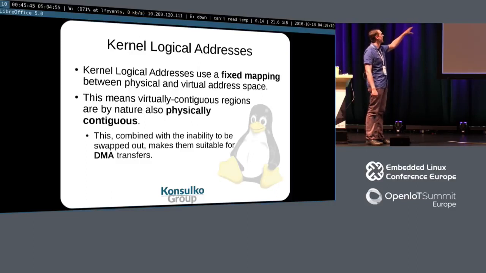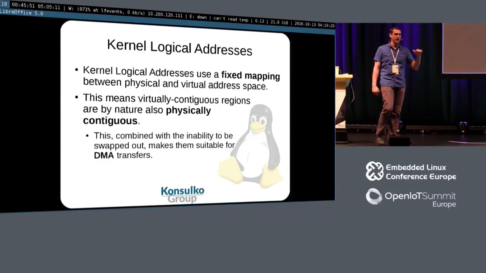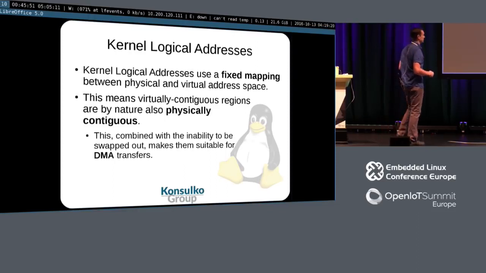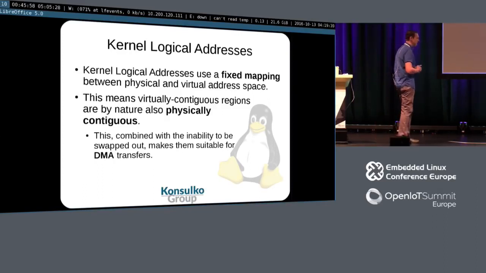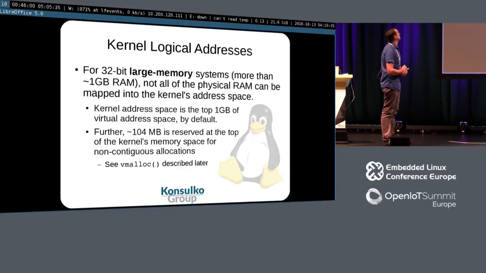We saw how simple the macros were for that. But because of that, everything in that kernel logical area is physically contiguous. That's important because we need that for DMA. So that's why you'll see kmalloc and those types of allocations used with DMA-able buffers.